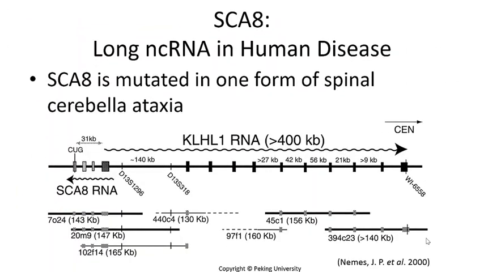Another example is the non-coding RNA SCA8 on the antisense strand of the protein-coding gene KLHL1 in humans. A variant in this RNA has been reported to correlate directly with spinocerebellar ataxia.